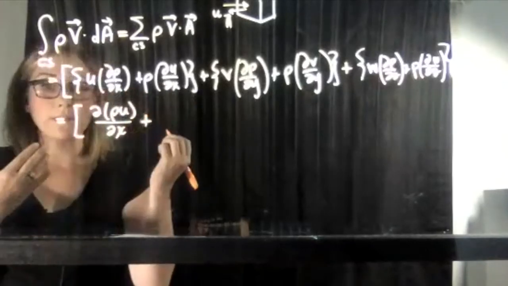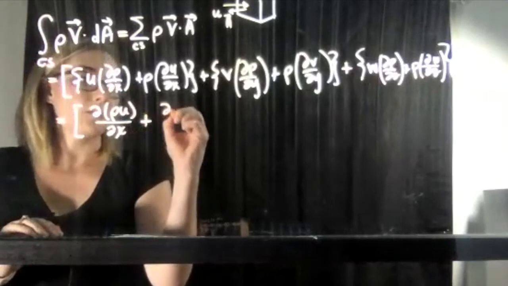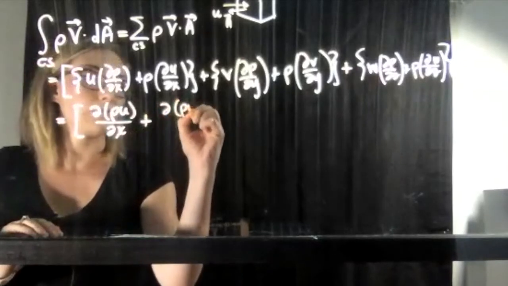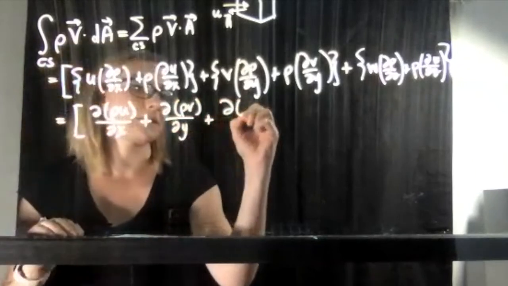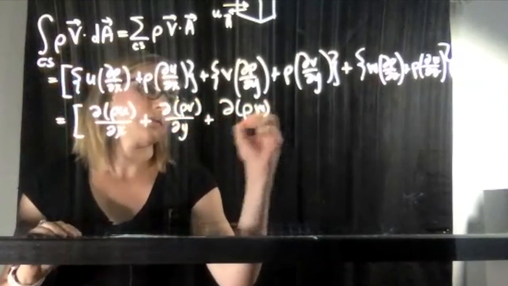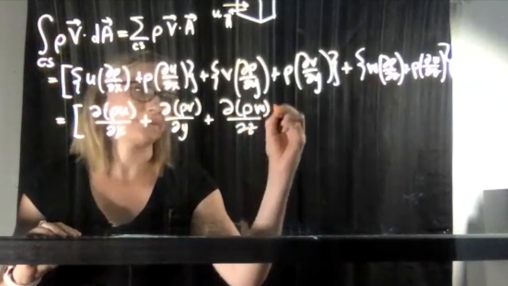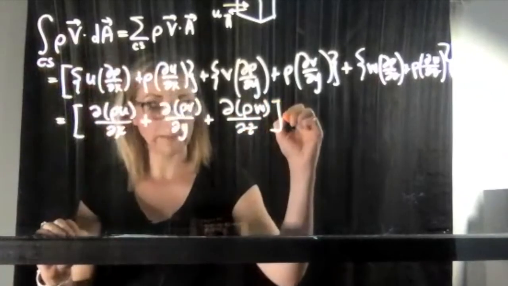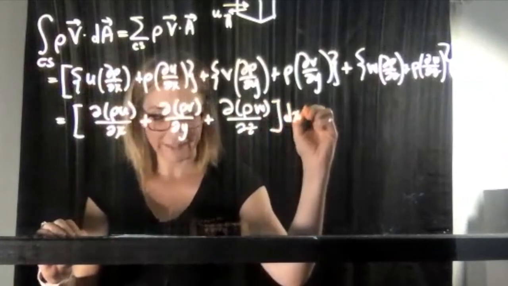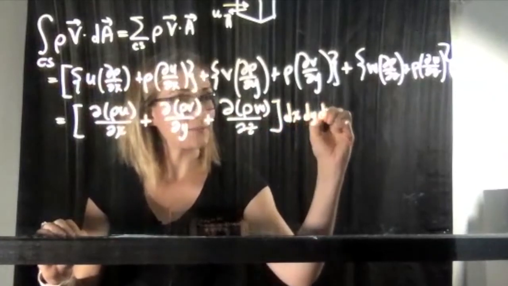And likewise, in the y direction, we have the partial derivative of rho v with respect to y, and then the same thing in the z direction, rho w with respect to z. And let's not forget our volume, dx dy dz.